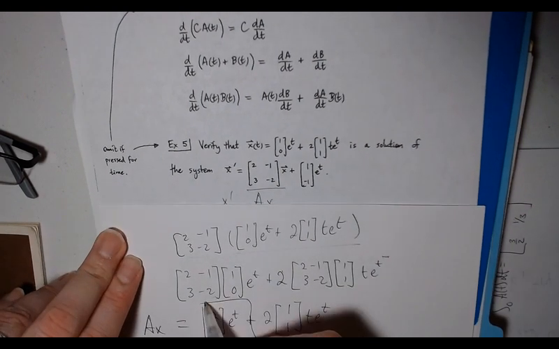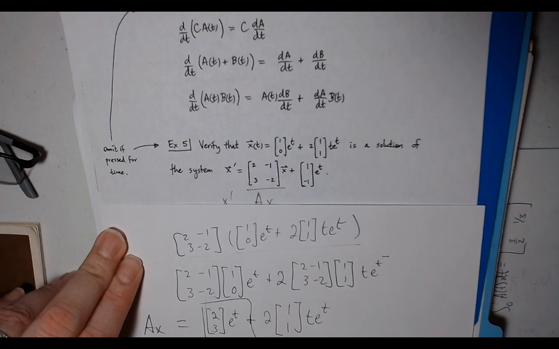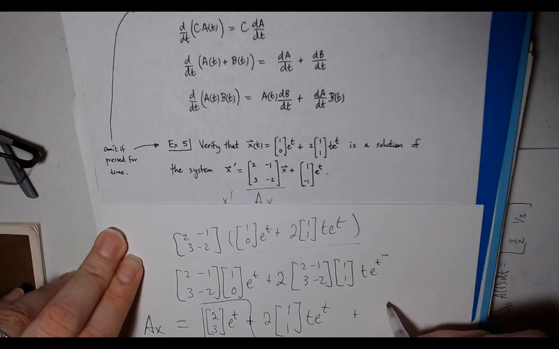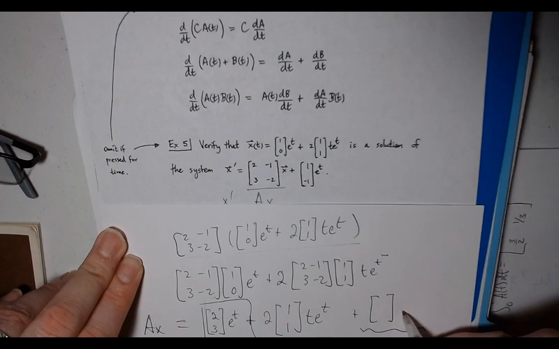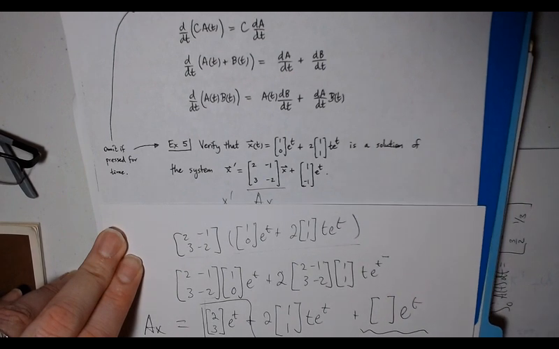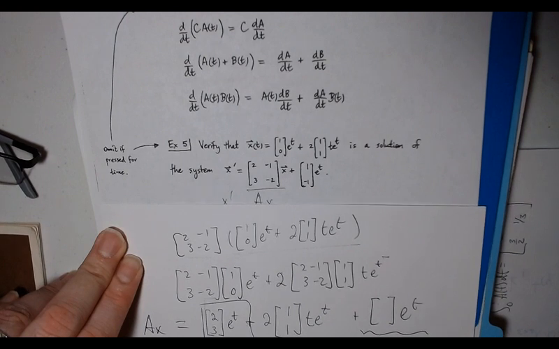So if I want ax plus something, e to the t, to be equal to this, I get x prime equals [2; 3] e to the t plus 2 [1; 1] t e to the t plus, now what did I do here?